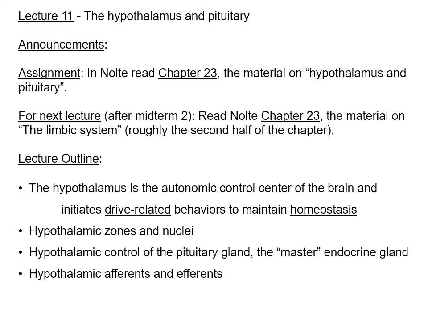So it sends information back down to synapse onto preganglionic autonomic neuronal groups. And those are either located in the craniosacral part of the CNS or the thoracolumbar outflow for the sympathetic part.